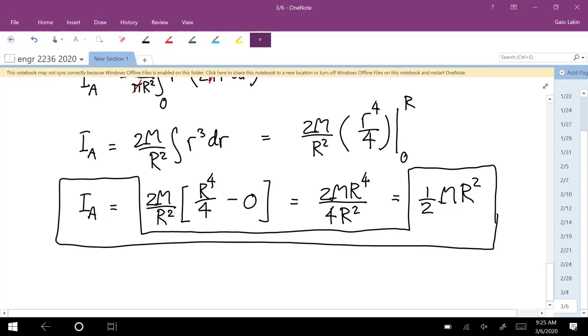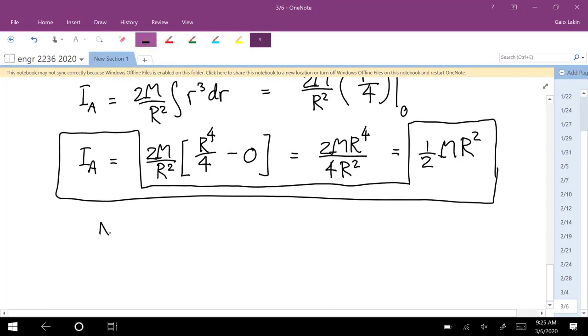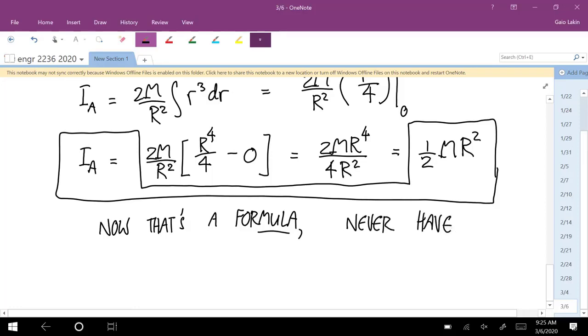And so now we have this formula, and that means that we never have to use this integral definition again for a disk rotated about its center.